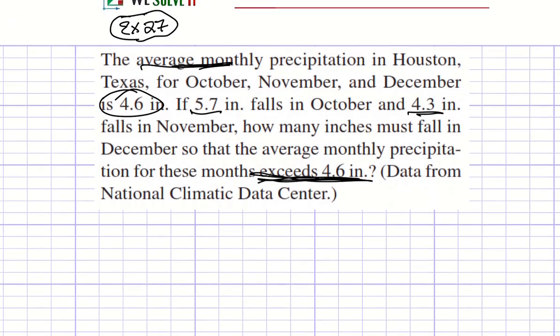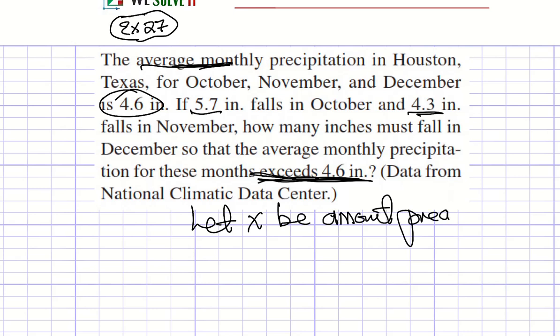So we are looking for December. What you need to say is, let x be the amount of precipitation in December, because you're given November and October, but you're looking for December.